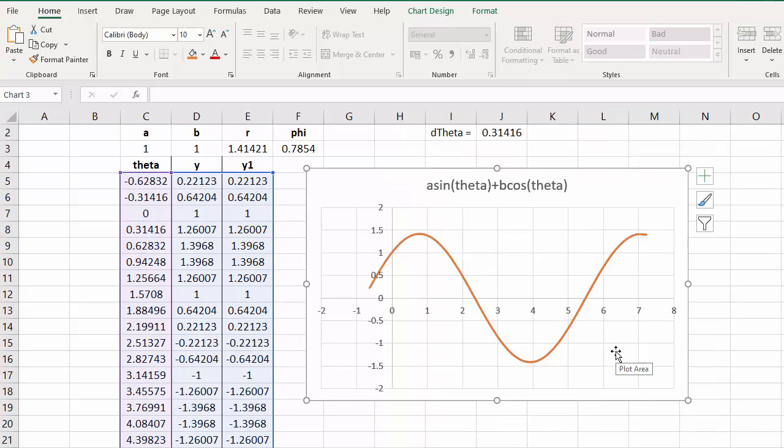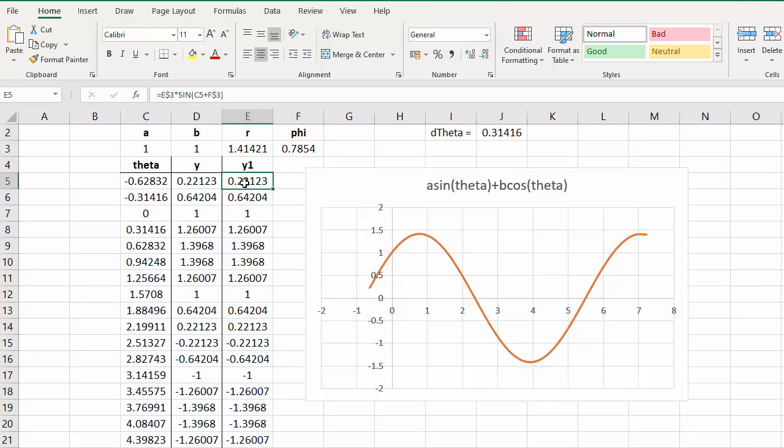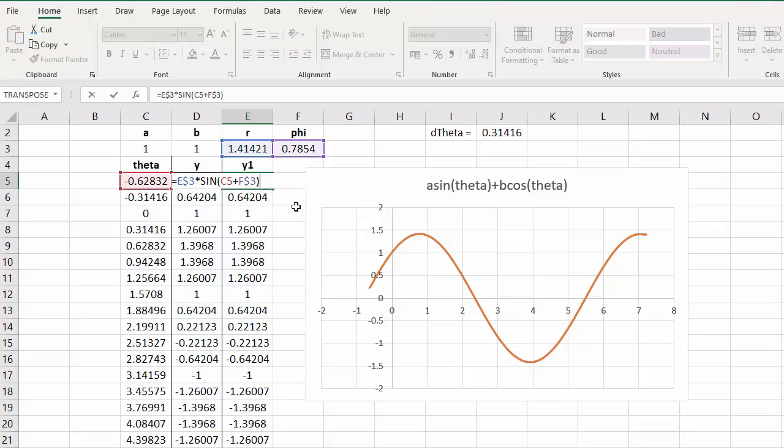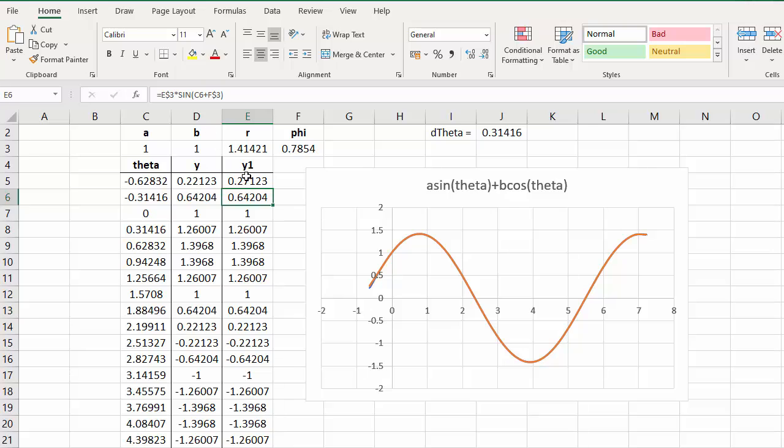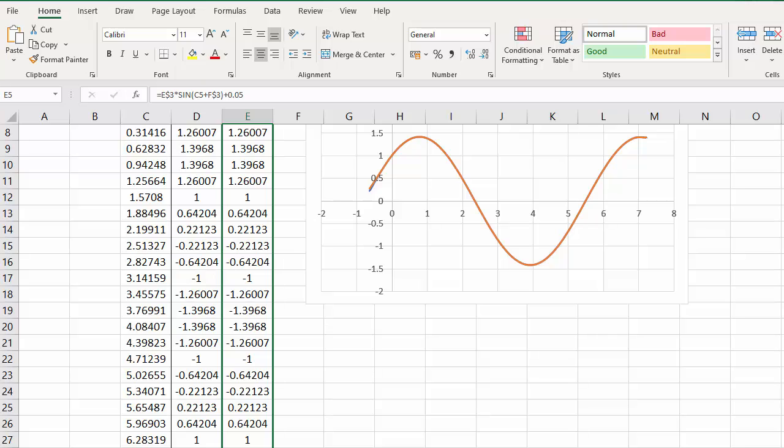Now we've got an orange graph instead of a blue graph, and the reason for that is the blue graph is underneath the orange graph. So what I'm going to do is add a small increment to this, plus 0.05, and then copy that down to all the other values, and that will lift the orange curve by 0.05.